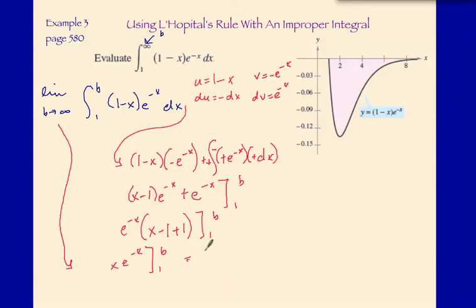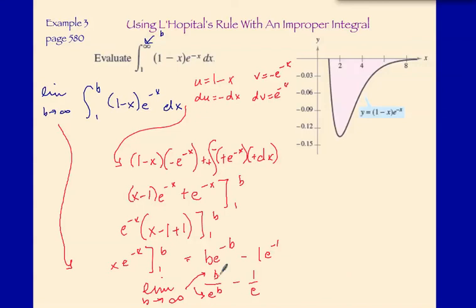This becomes b e to the negative b minus 1 e to the negative 1. So let's write this as b over e to the b and then minus 1 over e and apply our limit. As b approaches infinity, plugging that in here becomes a problem.